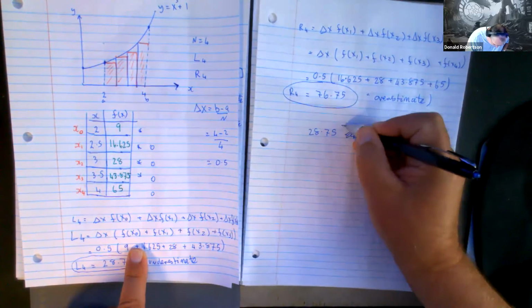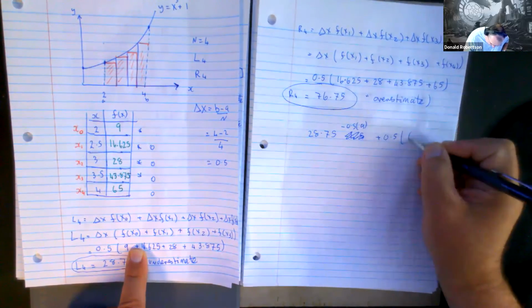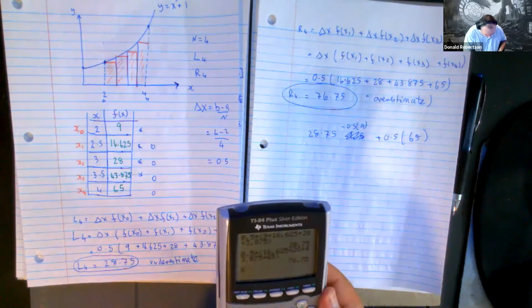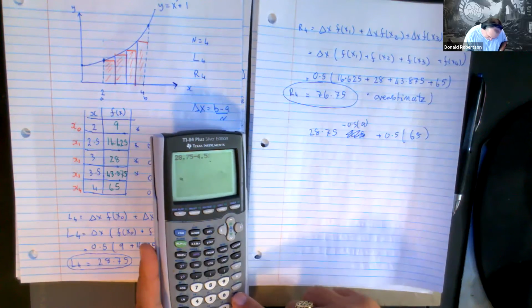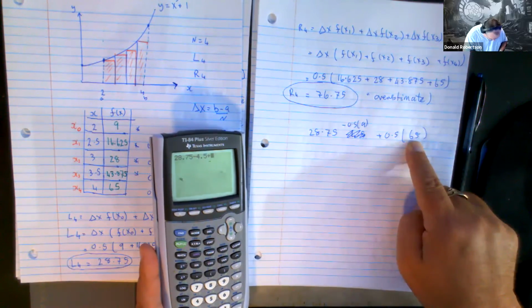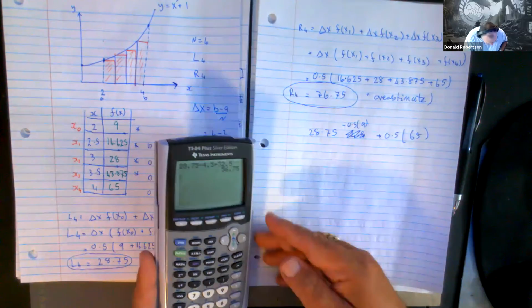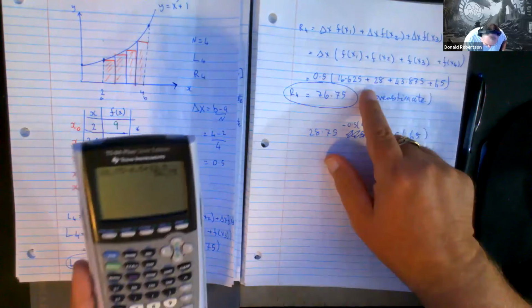So subtract 0.5 times 9, and then you add 0.5 times 65. See how that works? 28.75, take away 4.5, which is what that is, add 32.5. Let's see if I screwed that up. I wonder if I screwed this up.